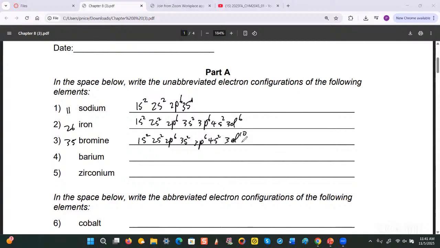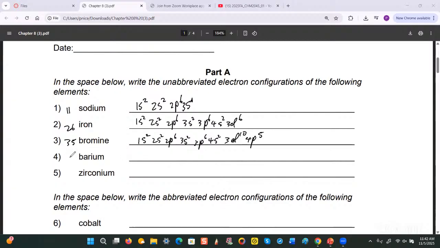What comes after 3d? It's going to be 4p. So far we have 30 electrons distributed, which means that the p sublevel here would have 5 electrons, and that would be it. That would be the electronic configuration of bromine. Any questions about this one?